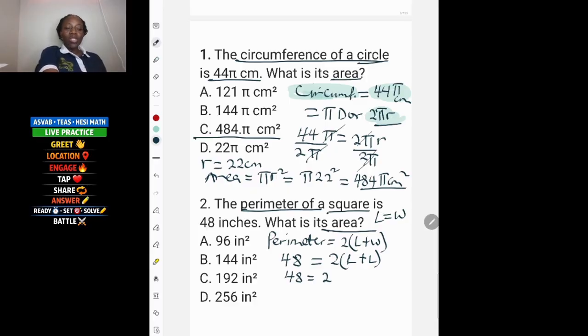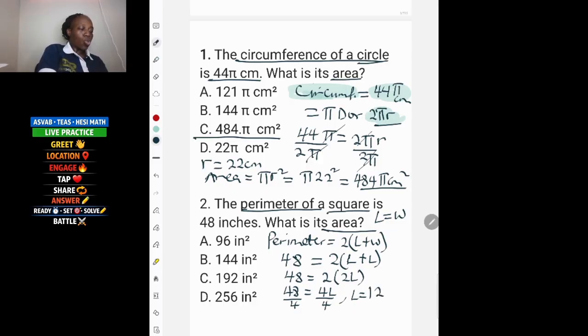Length plus length will be 2 lengths. I will say 2 into 2 lengths so that we won't be confused. So that will now be 48 equal to 4 lengths. We can now divide both sides by 4, right? Let's divide. What is our length now? How many 4 in 4? 1. How many 4 in 8?